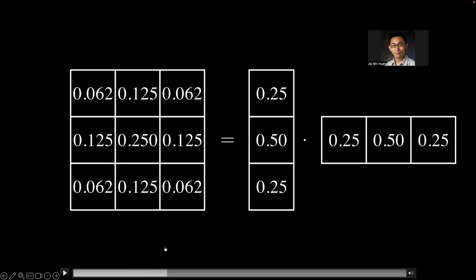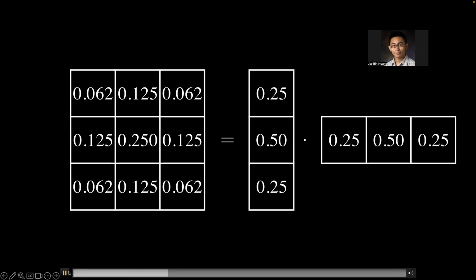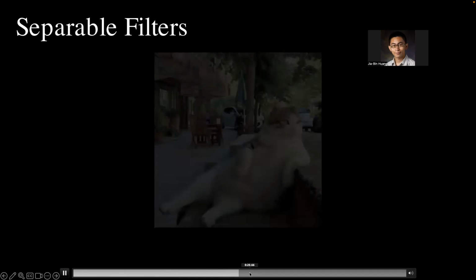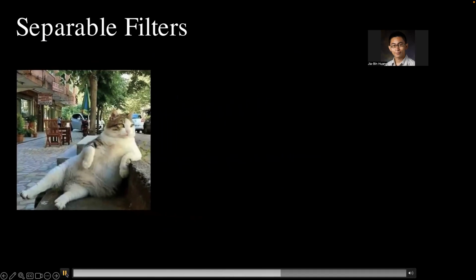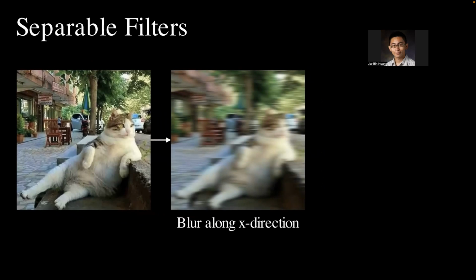So the idea is that you can achieve the same 2D blur by first applying a 1D blur horizontally, followed by a 1D blur vertically. This is called a separable filter. Here's what it looks like. If you take an image and want to apply the 2D blur, you first apply the blur along the x direction, and you can see that it sort of looks like motion blur.